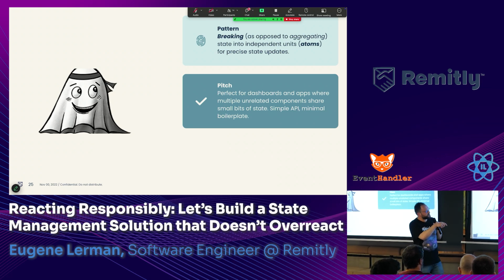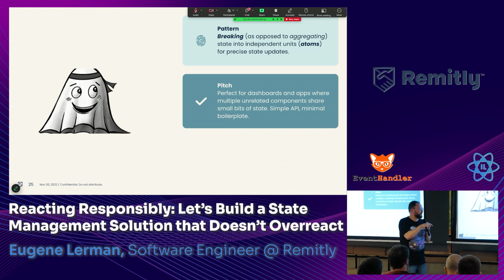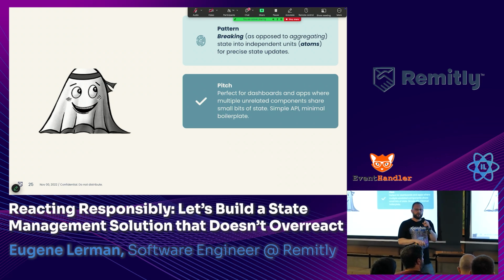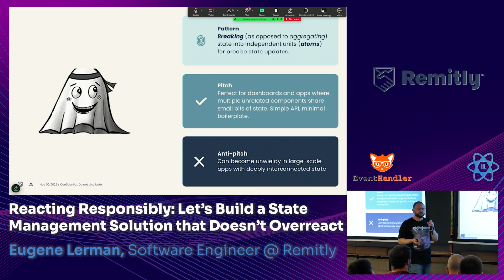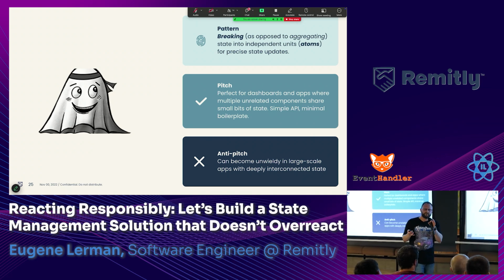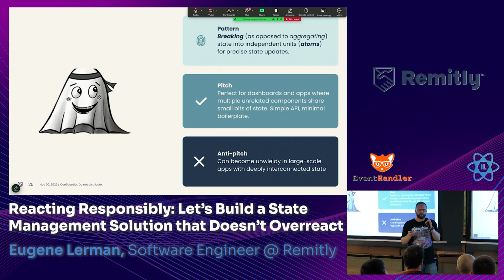It also has a pretty simple API. I will show you what I mean in a second. And it doesn't have a lot of boilerplate. The anti-pitch is, of course, that if you decompose your state enough, and then you have a complex enough state, you sort of kind of want to compose it together again. Like you want to have everything in the same place. And if it doesn't work, it becomes unwieldy.